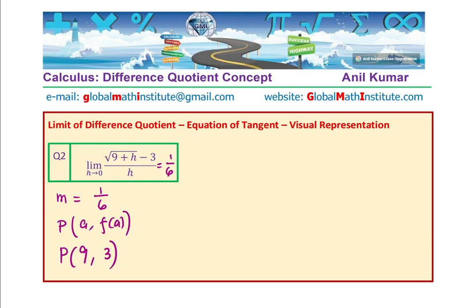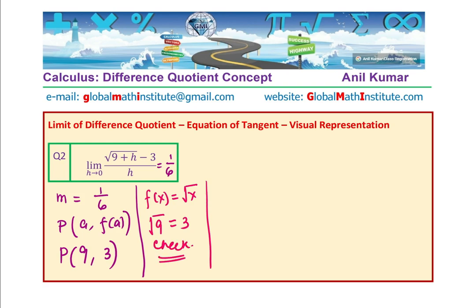Clearly the function is the square root of x, and the square root of 9 is indeed 3. That's a check. You see that you really don't have to get the function. The formula gives you the value of x as well as f(a).